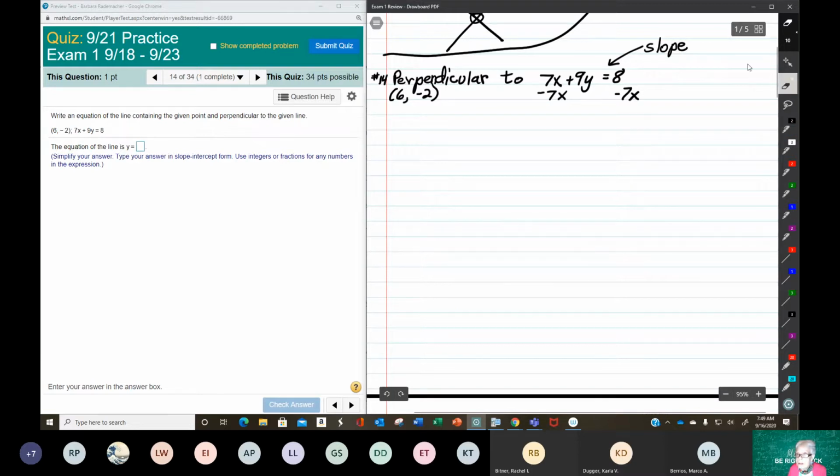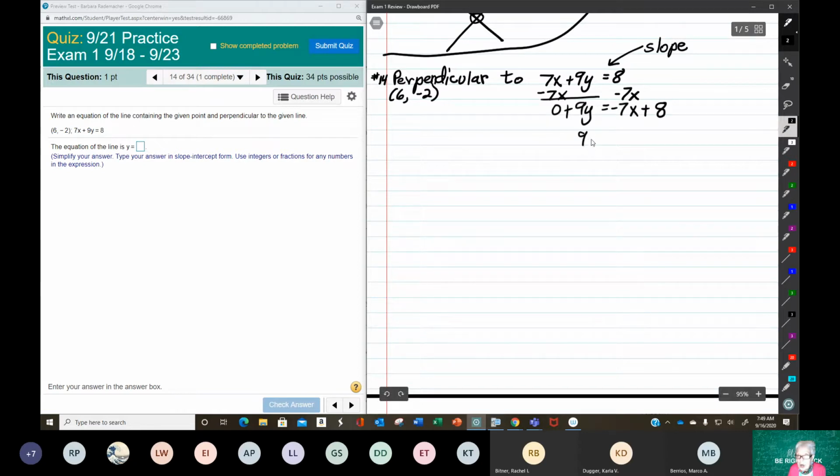Okay, so 7x minus 7x is 0. Bring down the plus 9y. And over here, we always put the x term first. So I'll say my -7x, and then since 8 is positive, I'm adding 8.